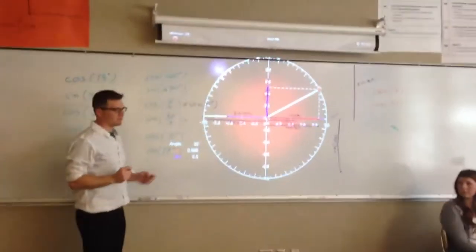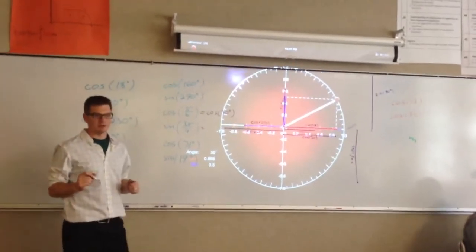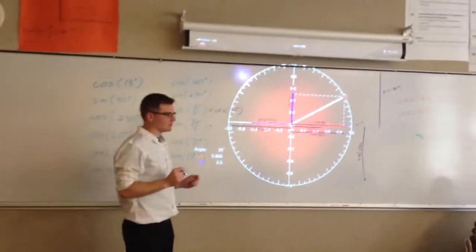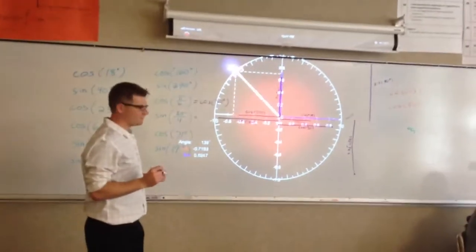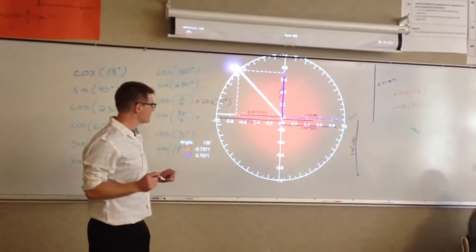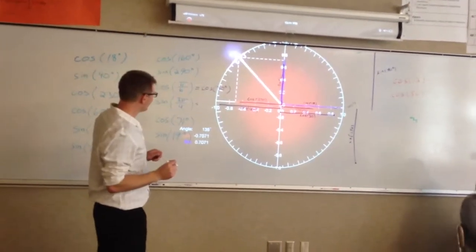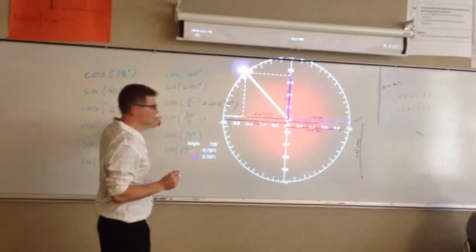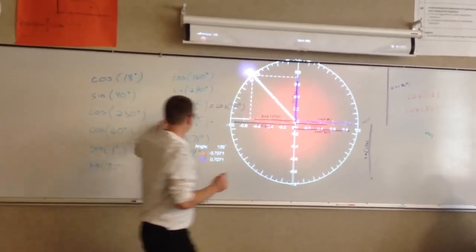Sine of 3 pi over 4. 3 pi over 4 is how many degrees? 135, okay, Maggie, take us to 135. 135, we looking at the x or the y, guys? Y, okay.